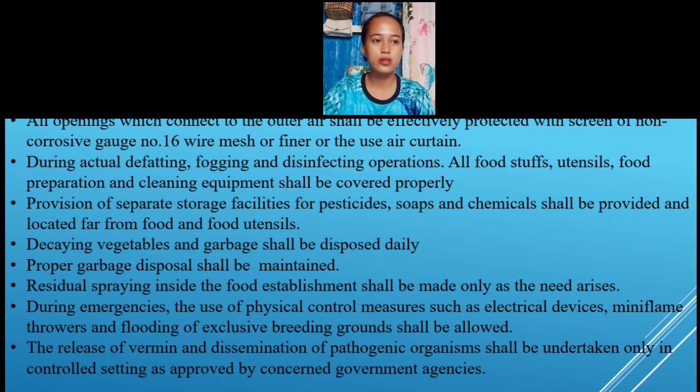All openings which connect to the outside shall be effectively protected with screen or non-corrosive gauge number 16 wire mesh or finer, or the use of air curtain. So during actual fogging, spraying, and disinfecting operation, all foodstuffs, utensils, food preparation, and cleaning equipment shall be covered properly. So in case nagagamit tayo ng mga fogging or mga disinfecting materials or spraying, kailangan natin i-assure na covered lahat ng gagamitin natin sa foods.